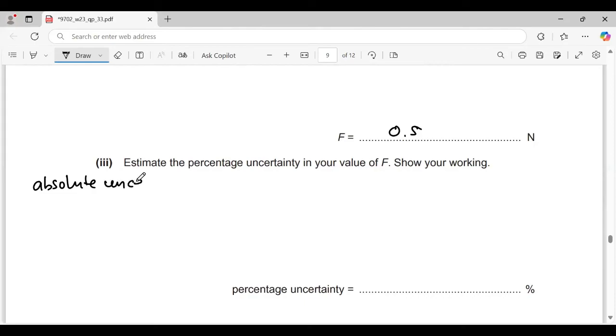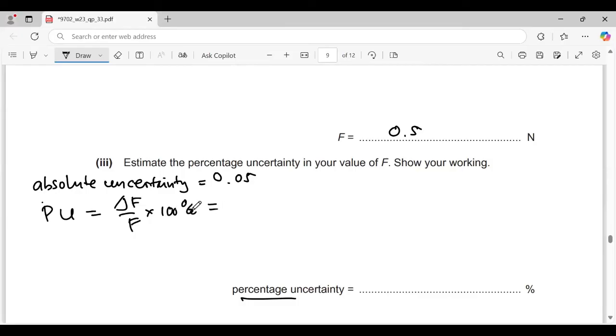The percentage uncertainty is delta F over F multiplied by 100%, which is 0.05 over 0.5 multiplied by 100%.